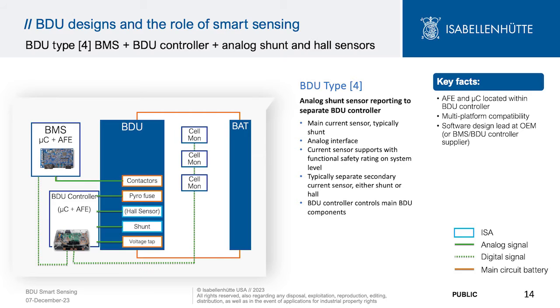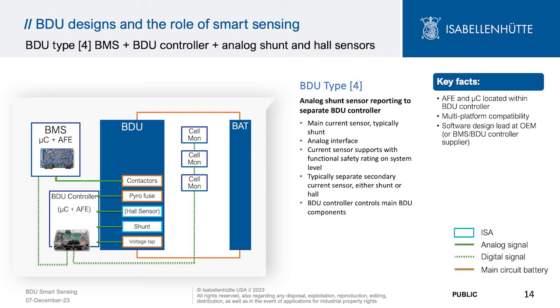This BDU controller would in some cases also take the cell voltages directly and process these and then report these to the BMS afterwards. So with regards to the shunt sensor, it's very similar to the type 3 that we looked at before.